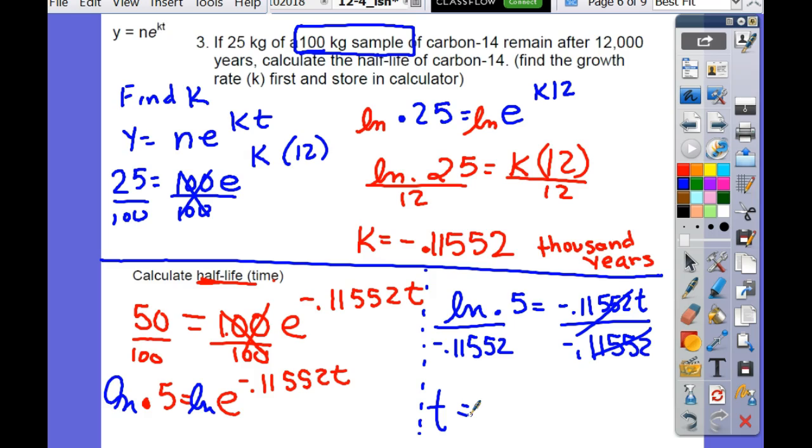And I get 6, but not 6 years, because this was in terms of 1,000 years, so my 6 in the calculator becomes 6,000 years. Carbon dating is what they use to figure out the ages of fossils and things that are very, very old. They use this kind of process.